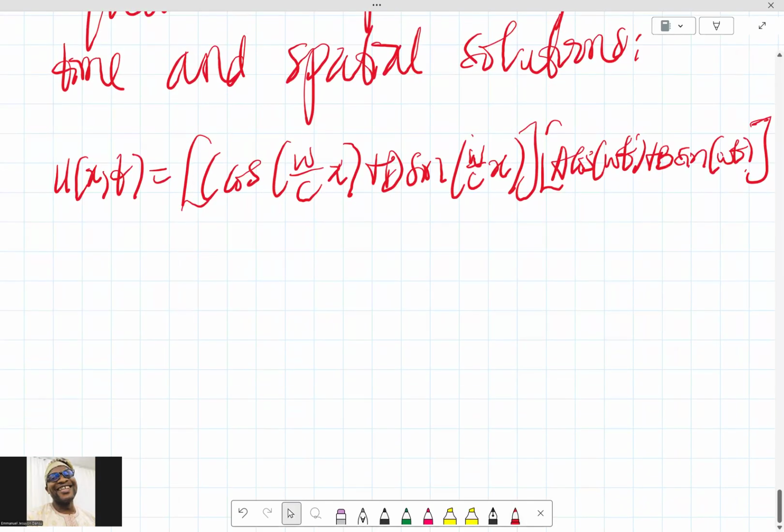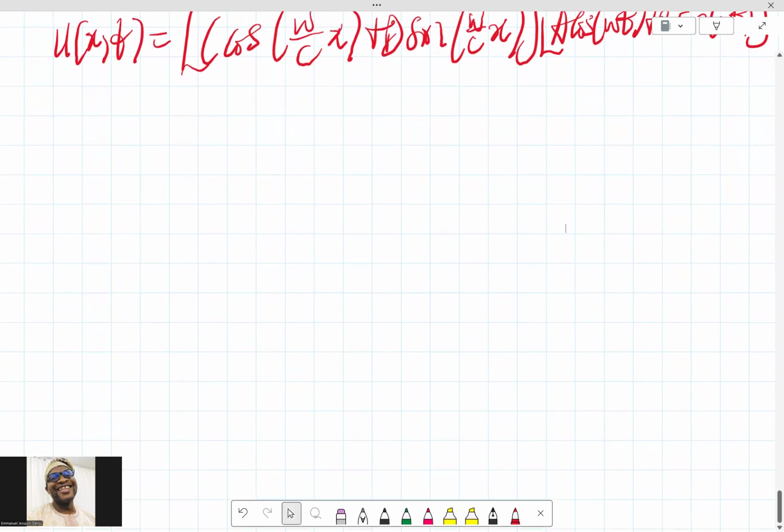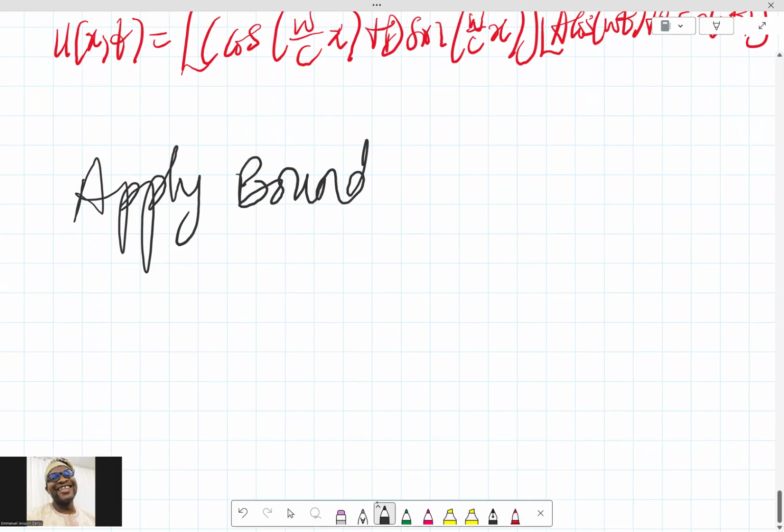All right. And then we go to apply boundary conditions.